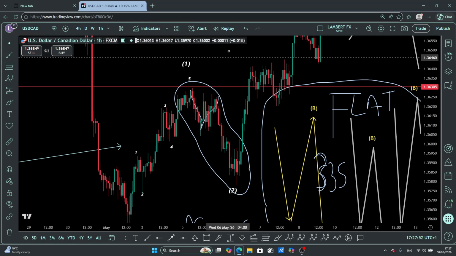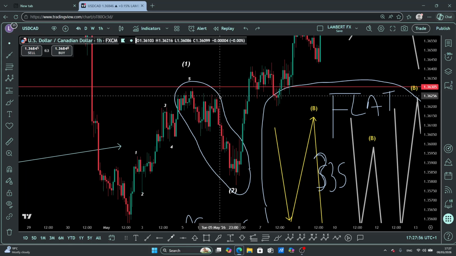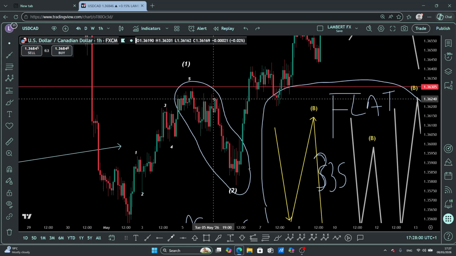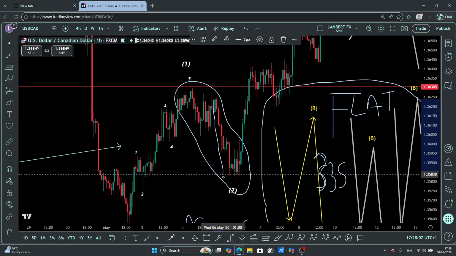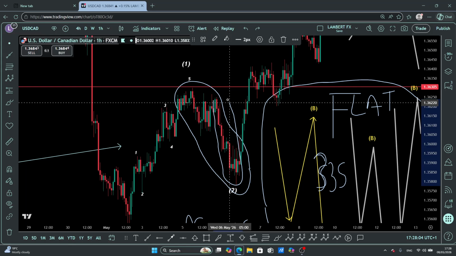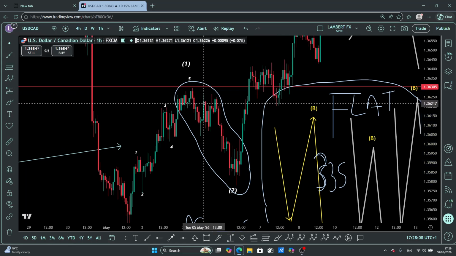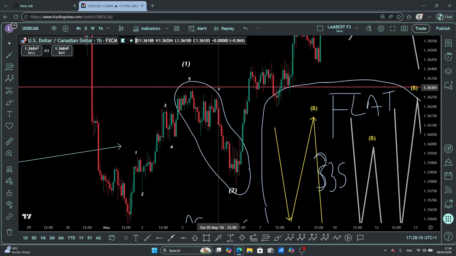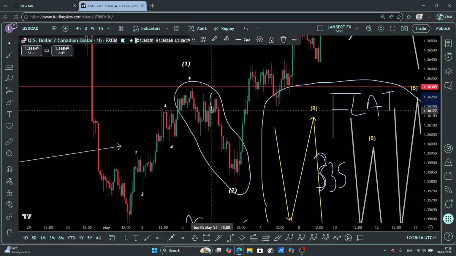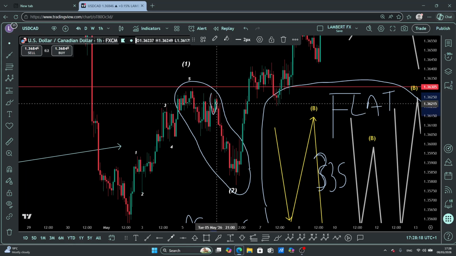So with the final leg down, you need to get a 5 leg down before you can confidently say that this is a final corrective leg. It has to be a 5 leg down. So if you count this leg down, you will see that you had a 1, a pullback for 2.